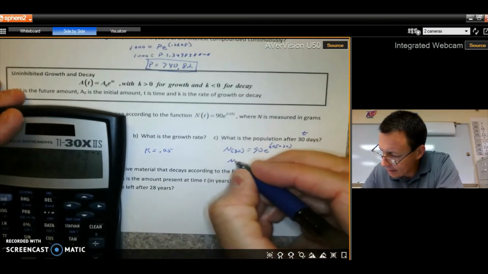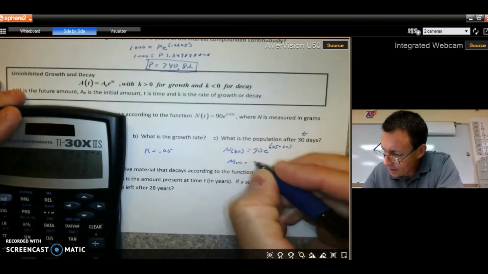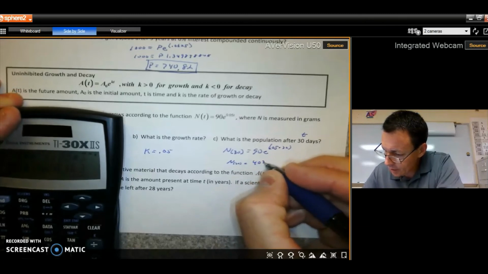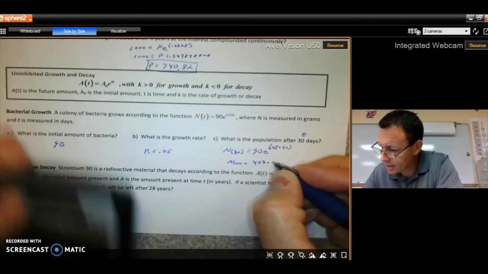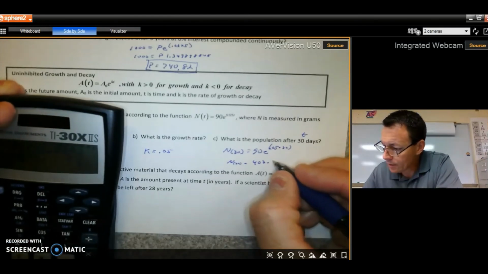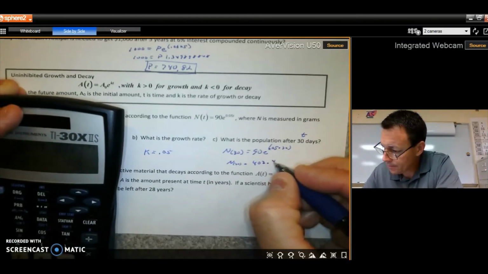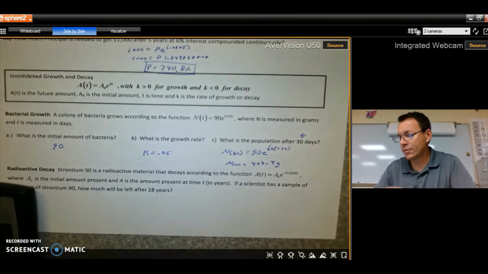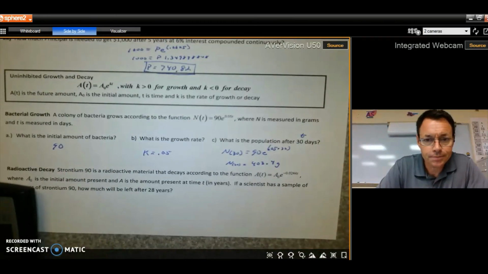So the amount I have after 30 days is 403.4 grams. I didn't say how to round, so I'll just say 403.4 grams after 30 days. Okay? That's it. So just plug in the number, plug it in your calculator, and then simplify.